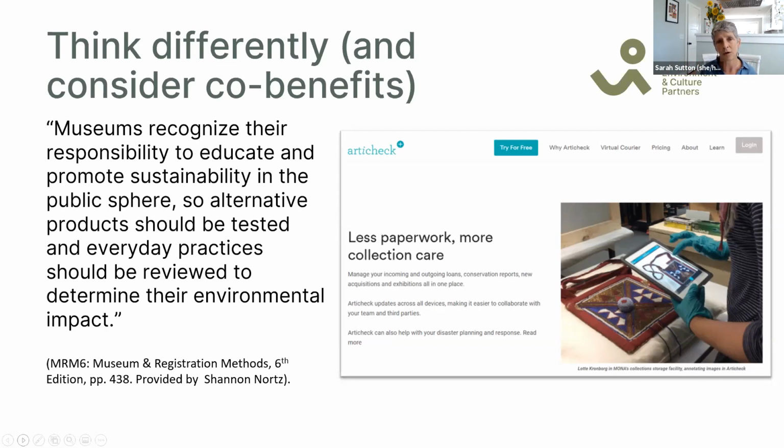So you want to think about, are there co-benefits to this new practice that have other efficiencies? Does it improve the quality of information? Or does it mean more people have access to better information? Or does it save the amount of time required to do this work? Is it efficient in other ways? If there are sufficient co-benefits, then it might be the thing that you need to pursue.